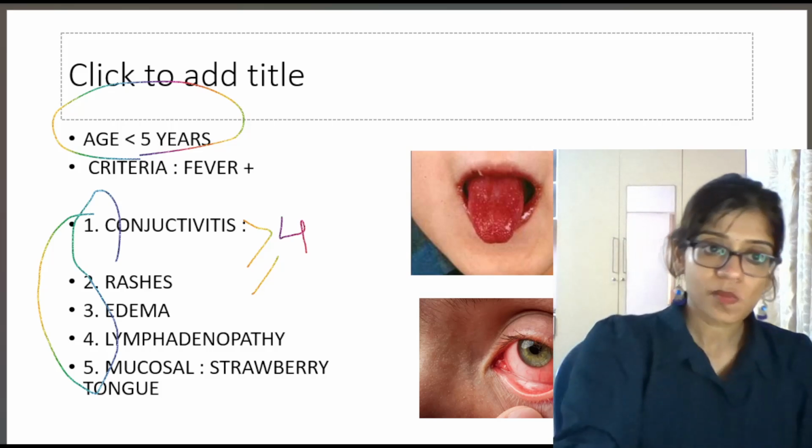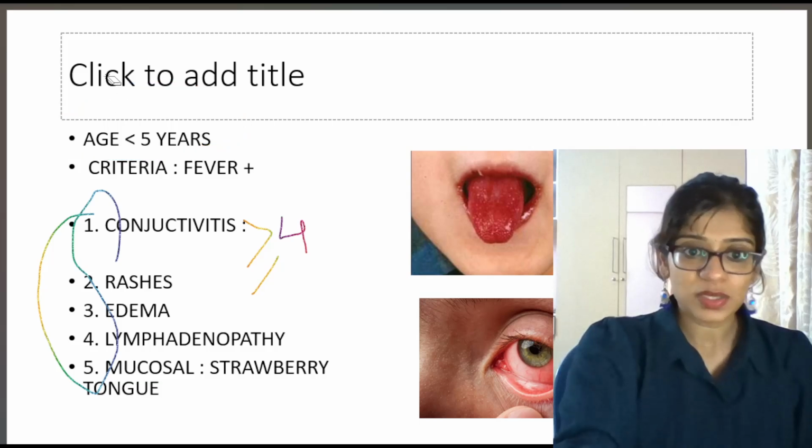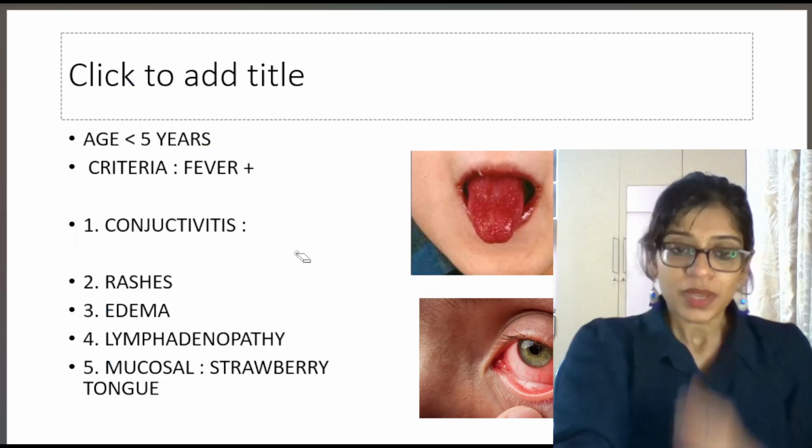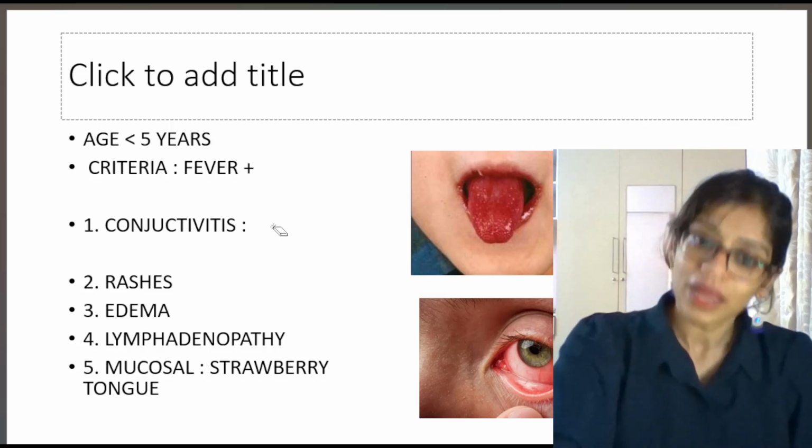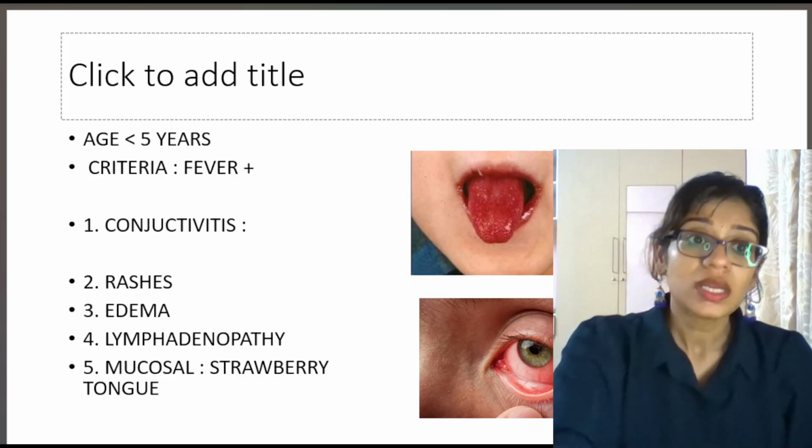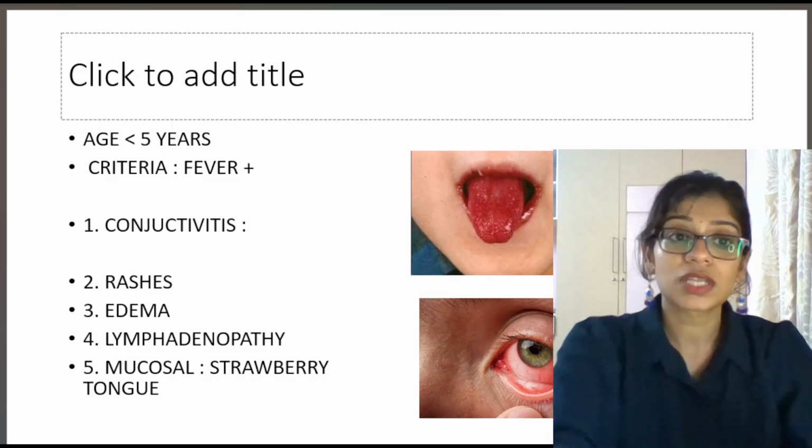So the first feature is conjunctivitis. Conjunctivitis means inflammation of the conjunctiva. There is a definition here, how does this conjunctivitis look like?